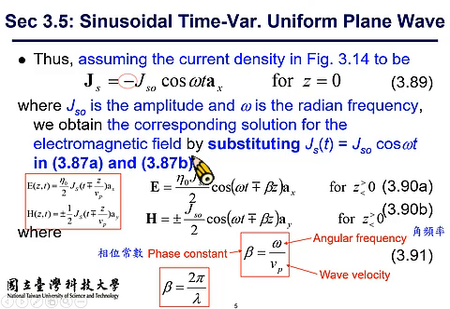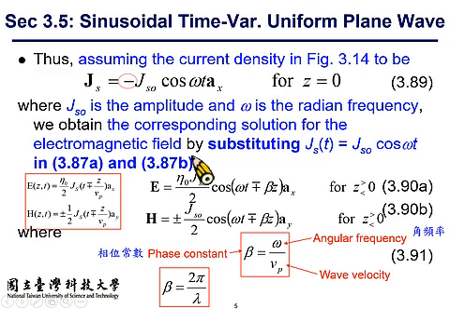Omega is the so-called angular frequency, which can be represented as omega equals 2 pi f.